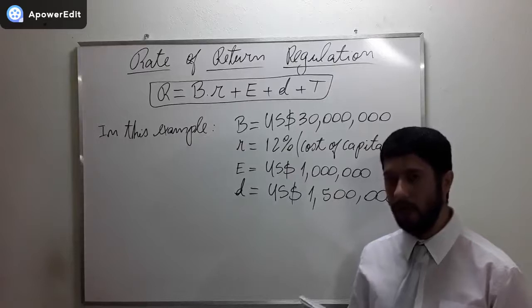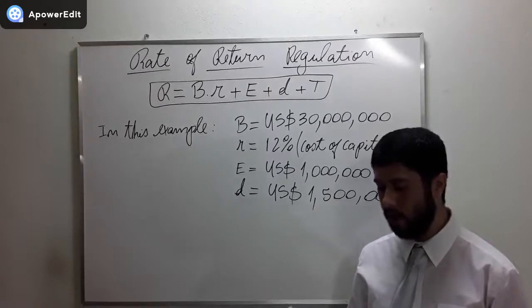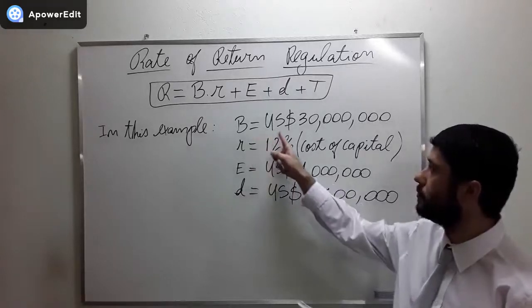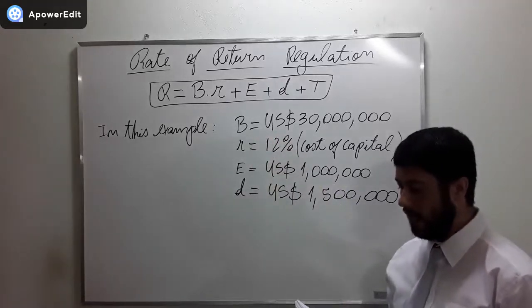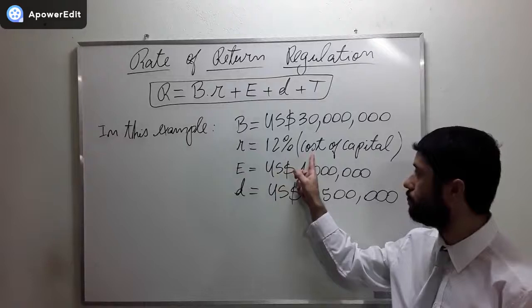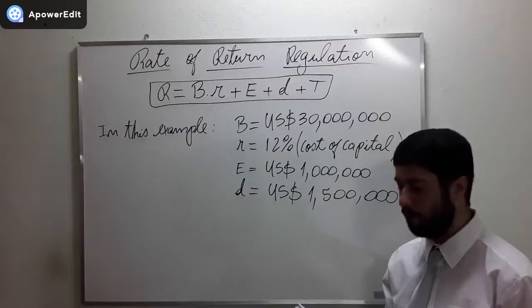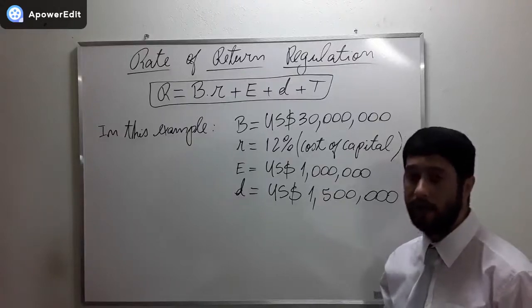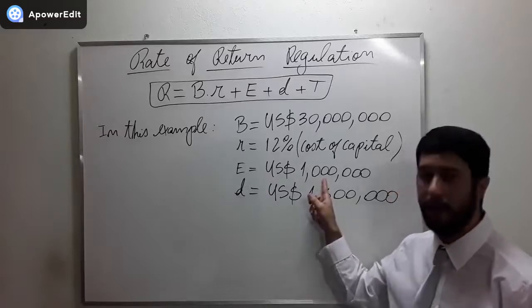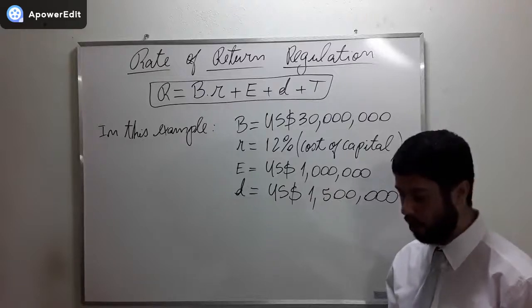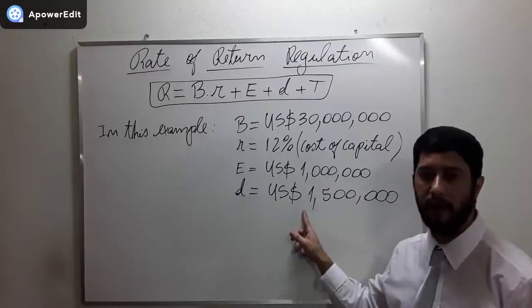Assume that the regulator determines that the company has a net asset base of 30 million American dollars, an after-tax cost of capital of 12%, a tax rate of 25%, operating expenses of 1 million American dollars, and depreciation expenses of 1.5 million American dollars.